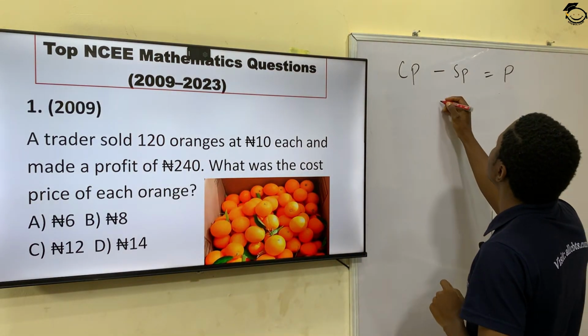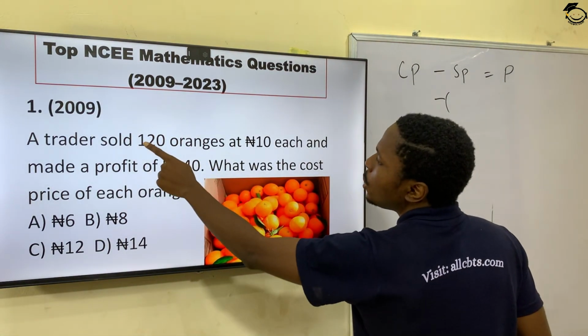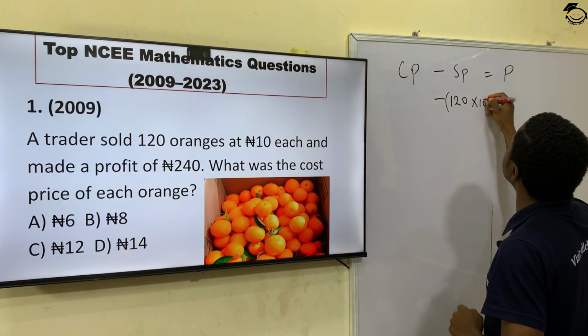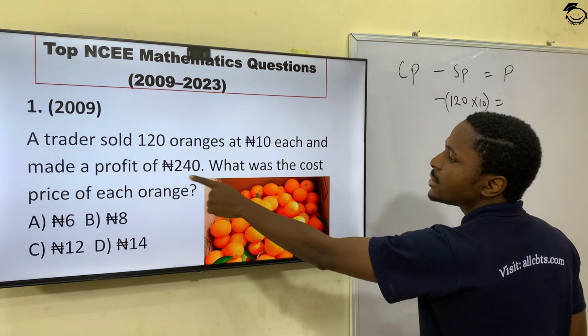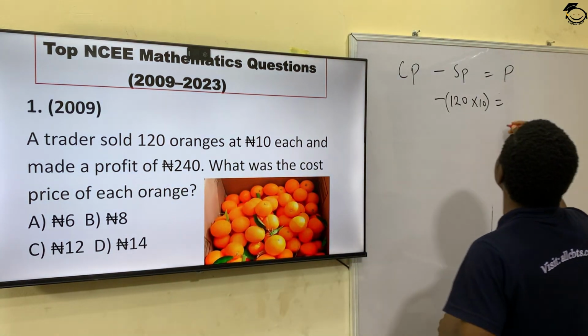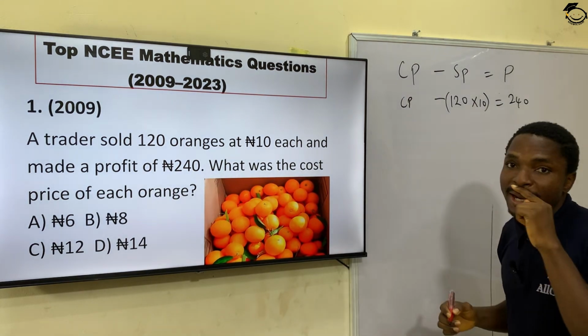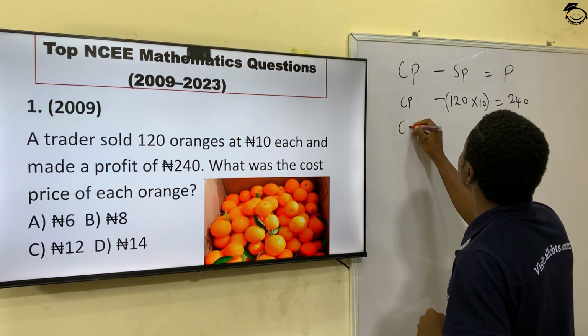So we have the selling price, which is this. Selling price is what? 120 oranges times 10. 120 times 10. We've been given the profit, which is what? Profit of 240. So what is left is what? The cost price. Okay, so the cost price will now be what?